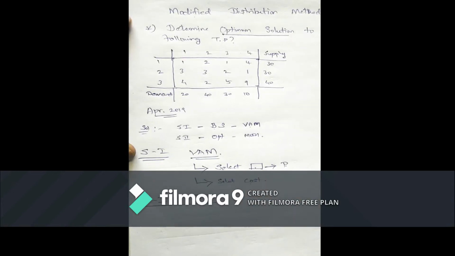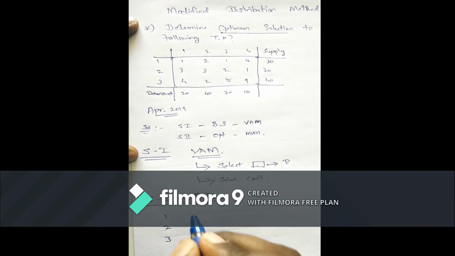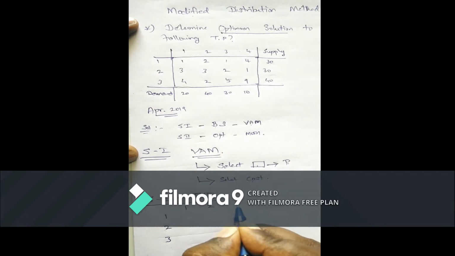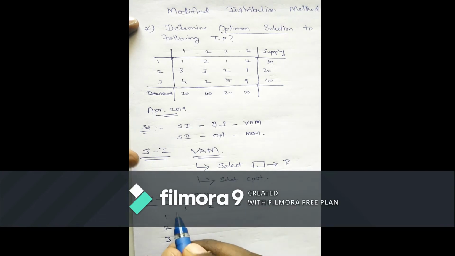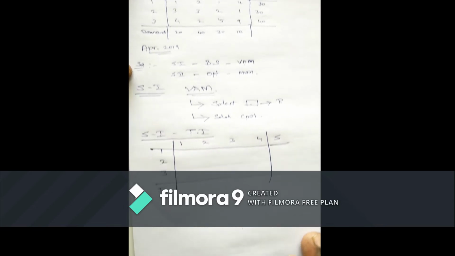Take this table. Here how many rows? 3 rows and 4 columns. This is supply, this is demand.